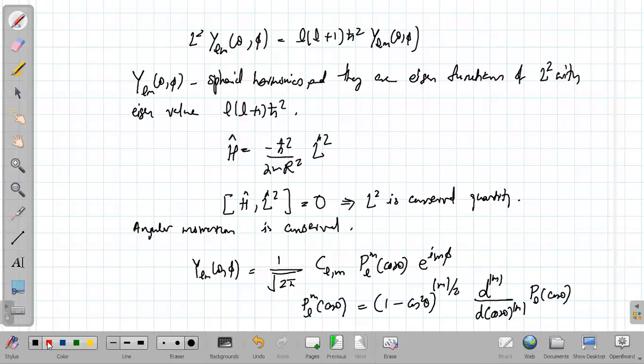Okay. So this is the Legendre polynomial, and this P_lm(cos theta) is the associated Legendre polynomial. And another thing about the spherical harmonics is its orthogonality condition.